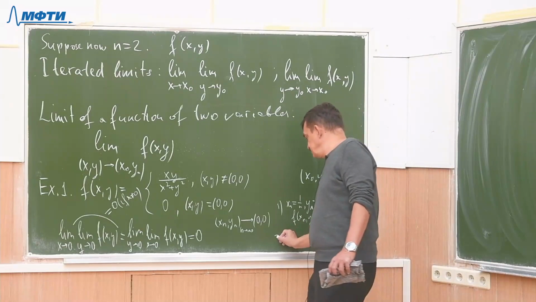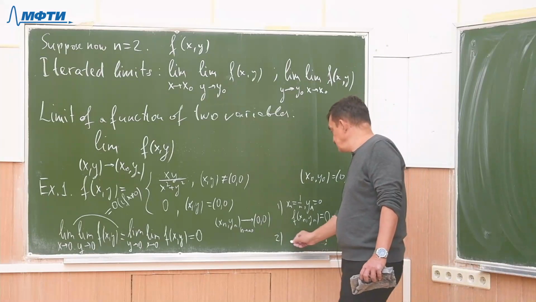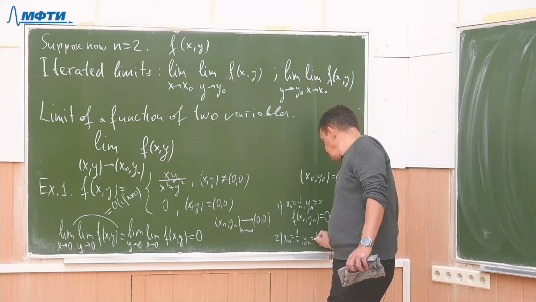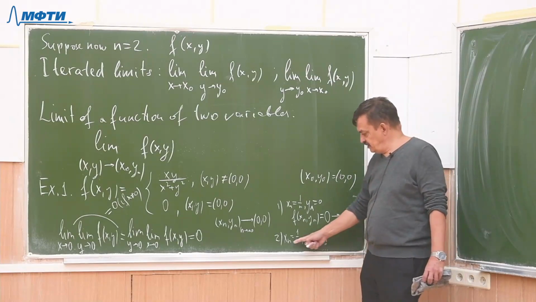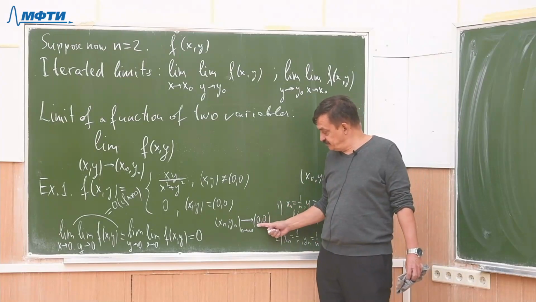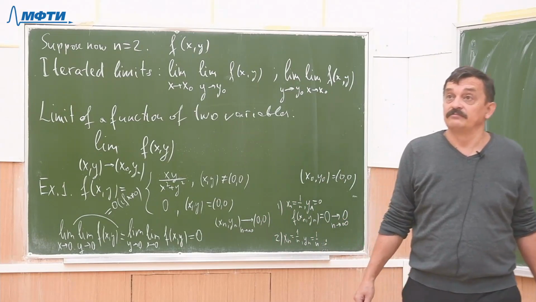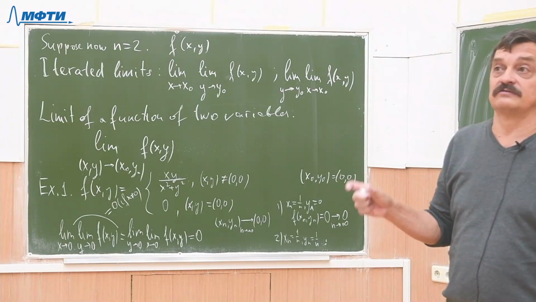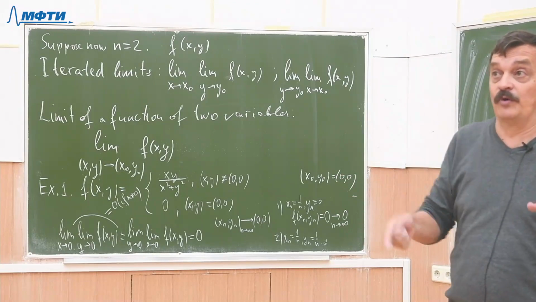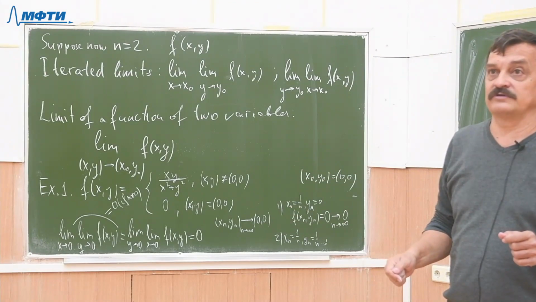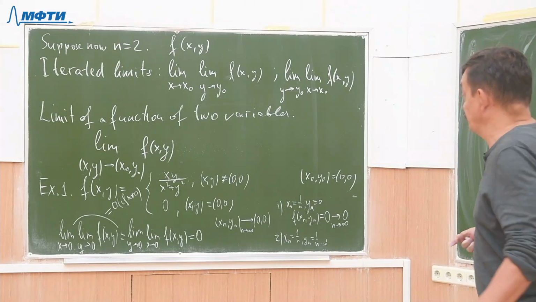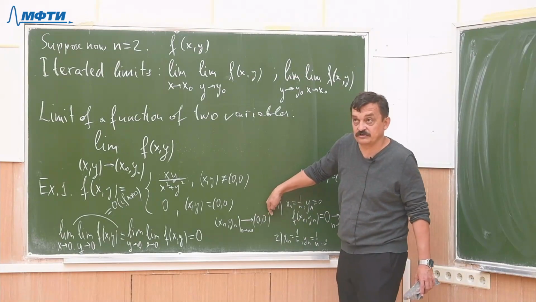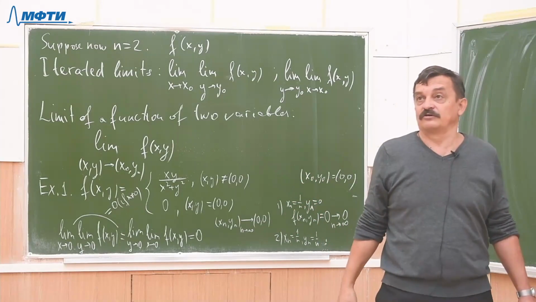Take another sequence. xn equals 1 over n, yn equals 1 over n. This sequence of points definitely tends to 0, 0 also. Because of the properties, remember: if we have vectors, a vector tends to a vector if components tend to components. Here we have it component-wise: 1 over n and 1 over n converge to 0, 0, so it converges as vectors.